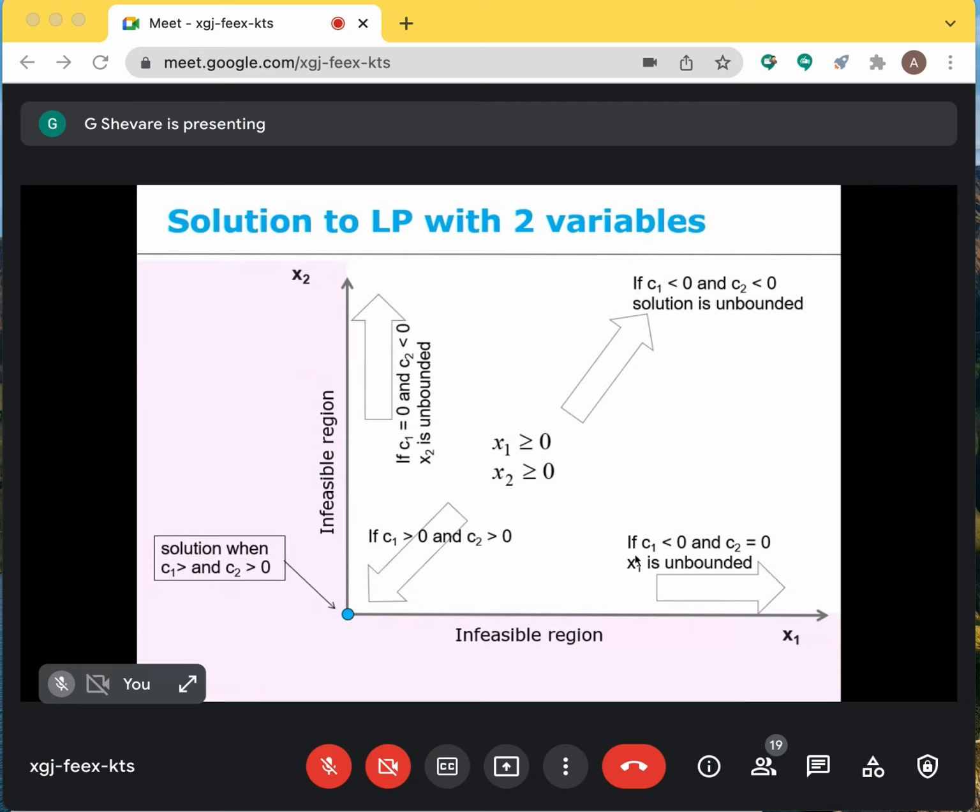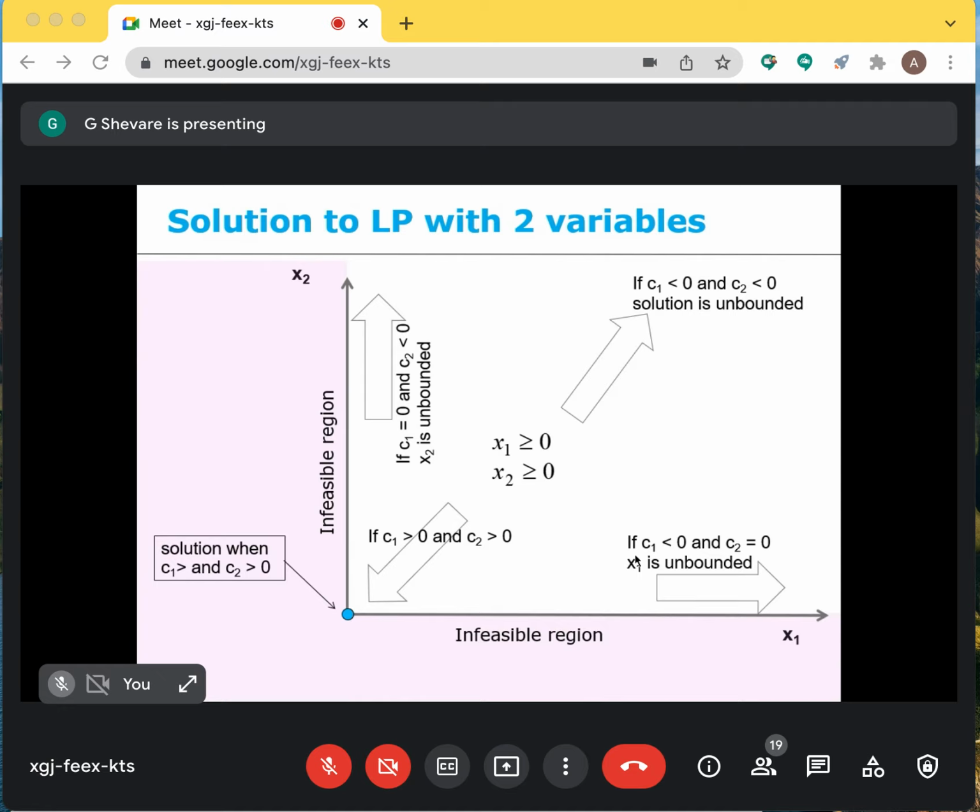Supposing c1 is greater than 0 and c2 is greater than 0, and I have defined J as c1 times x1 plus c2 times x2. If c1 and c2 are greater than 0, then the solution would be at the origin, because that is the case for which J is the least, that is x1 equal to 0 and x2 equal to 0.